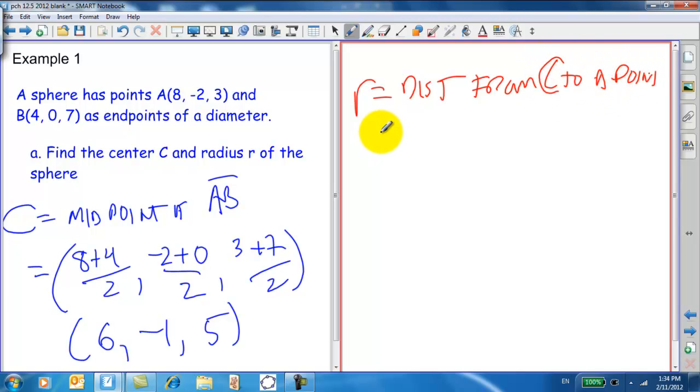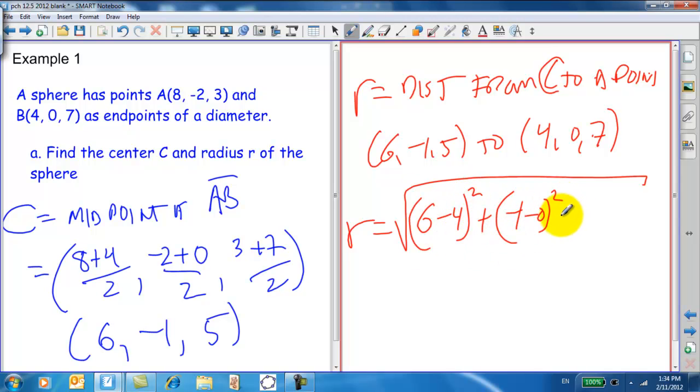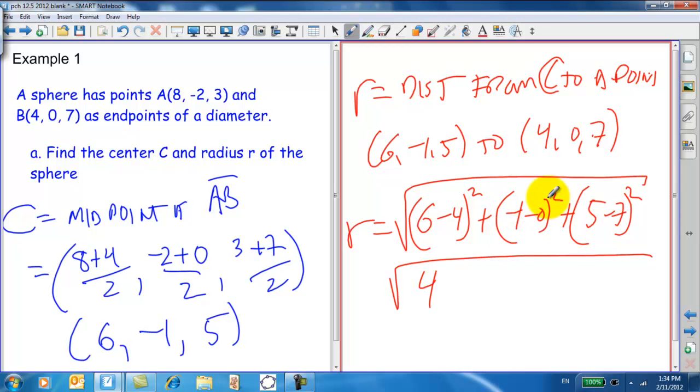So let's go from C (6, -1, 5) to (4, 0, 7). That distance equals the square root of (6 minus 4) squared plus (-1 minus 0) squared plus (5 minus 7) squared. 2 squared is 4, -1 squared is 1, -2 squared is 4, the square root of 9, which is 3.